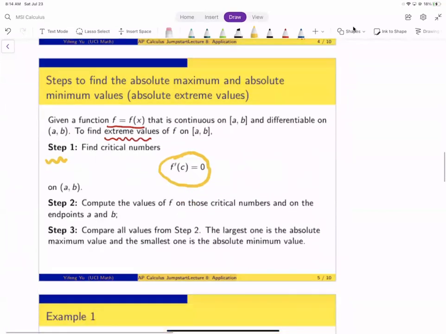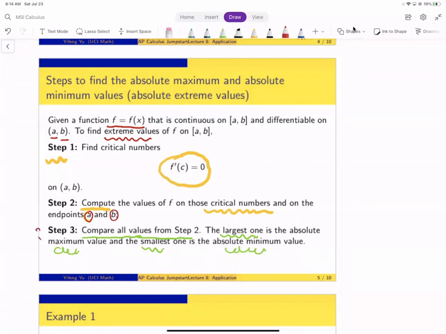Step two, we compute the value of f at those critical numbers, and don't forget the two endpoints A and B. Step three, we compare all the values from step 2, and we pick the largest one as the absolute maximum and the smallest one as the absolute minimum.